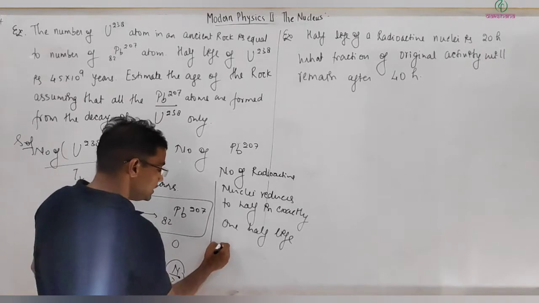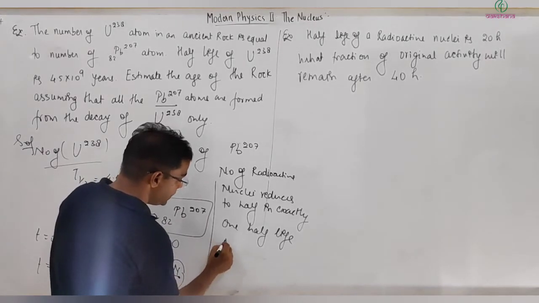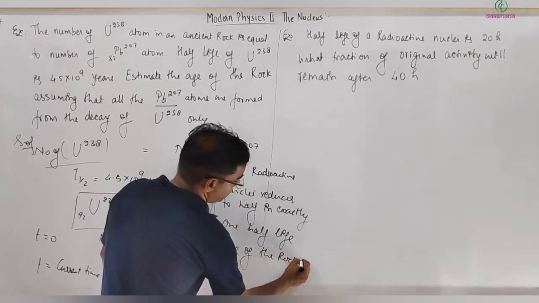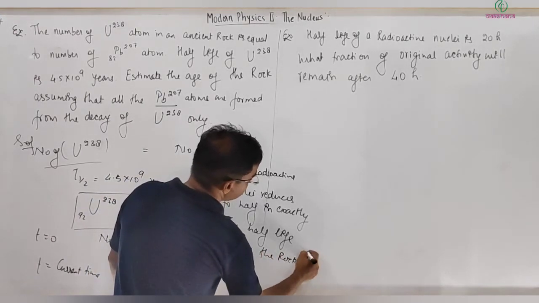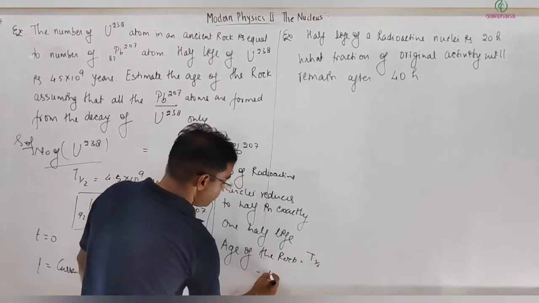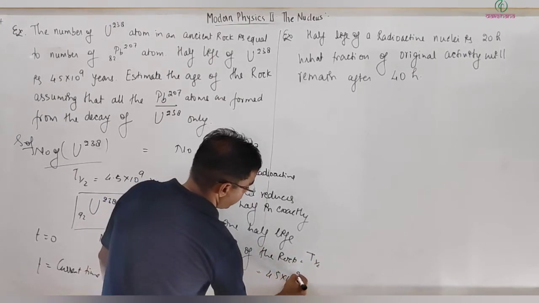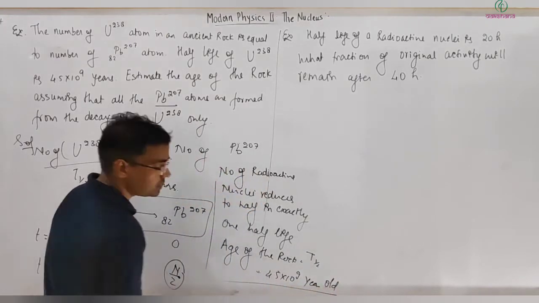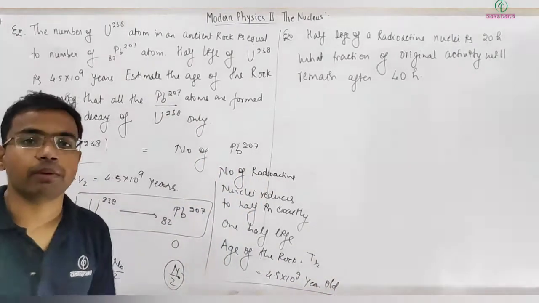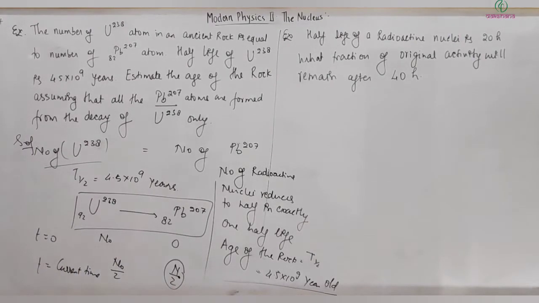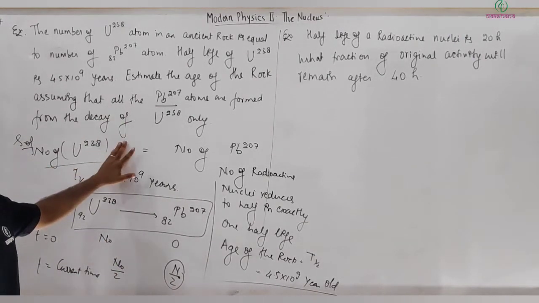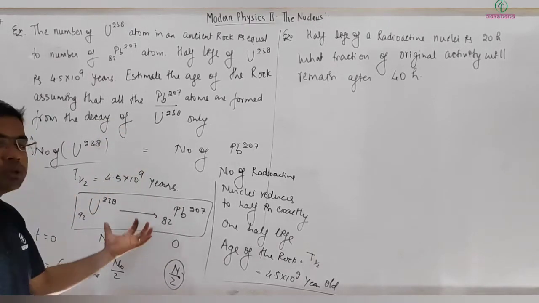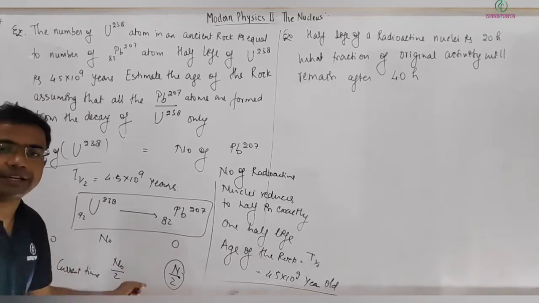So I can write this duration, or the age of the rock, equal to simply T half, and that is equal to 4.5 into 10 raised to power 9 years. So the rock is this many years old. That's a simple, straightforward problem, right? I hope there is no confusion. It's a basic simple thing, you should understand the problem, what is exactly given, and how we should proceed here. That should be clear to you.